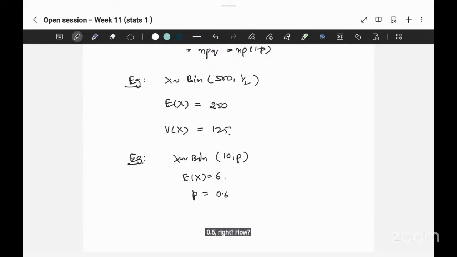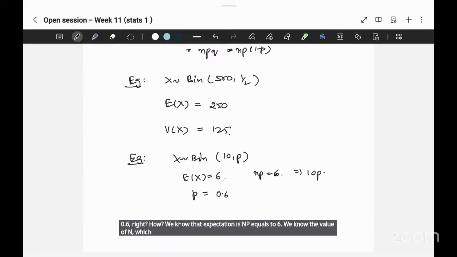How? We know that expectation is np equals 6. We know the value of n, which is 10, so 10p equals 6. So p will be 0.6. Clear?